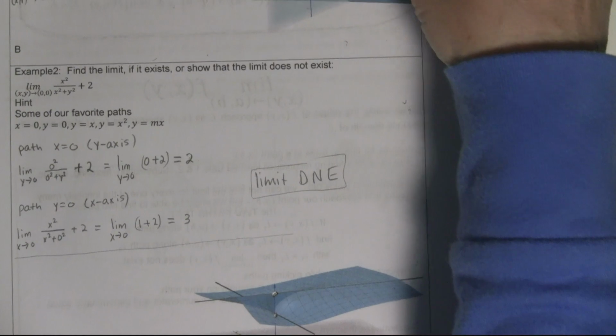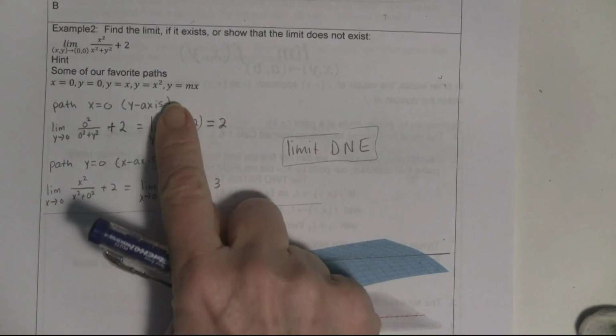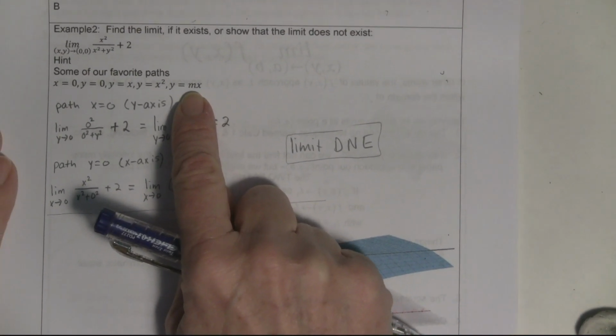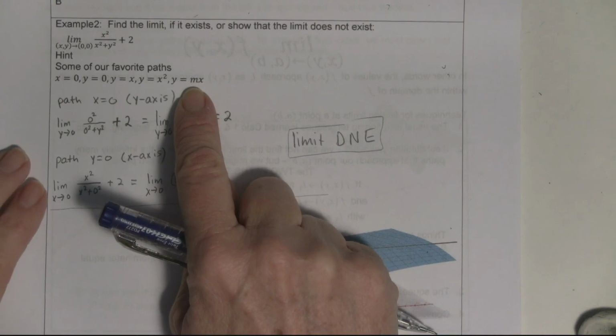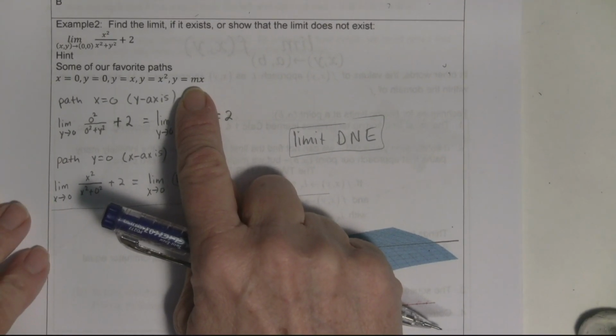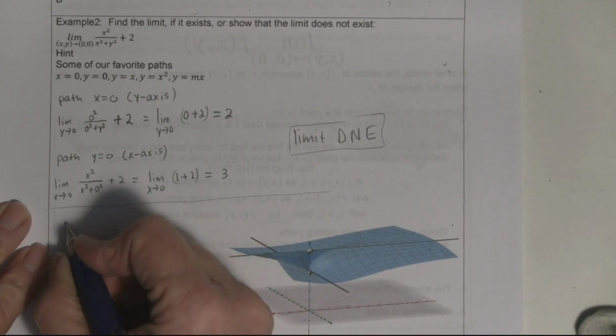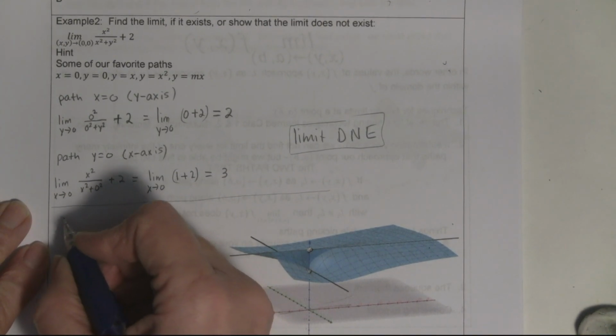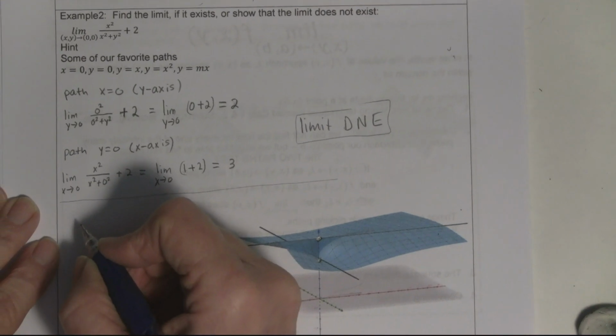Now, I just want to show you that this one, y equals mx, would have also worked to show it and been quite clever at showing it as well. And so, just FYI, this is overkill. This is too much.